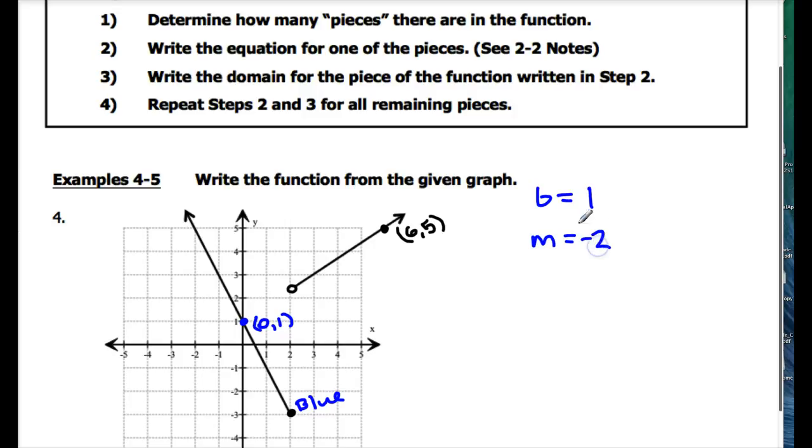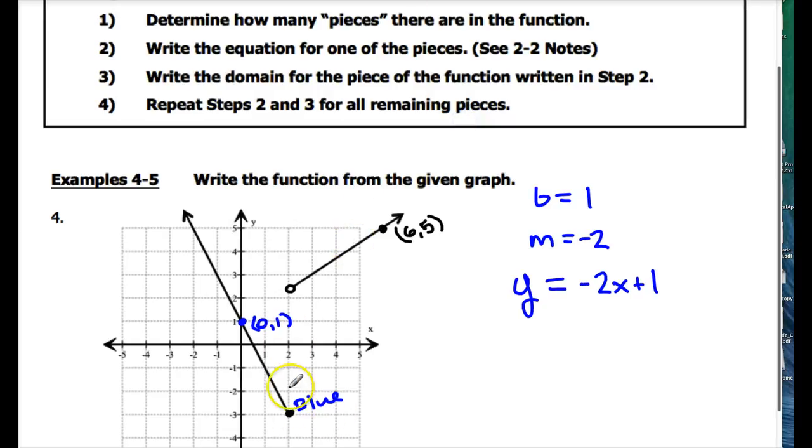So the slope is negative 2. So for my blue line, its equation would be y equals negative 2x plus 1. Let's look at the domain. Well, its boundary point starts at 2 and it goes to the left. So it is accurate for all x values less than or equal to 2.